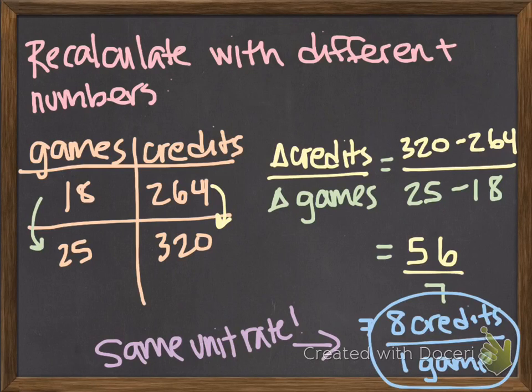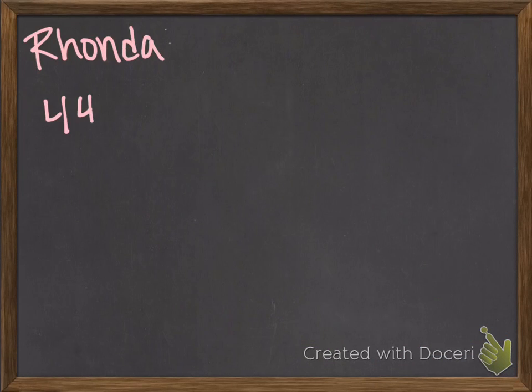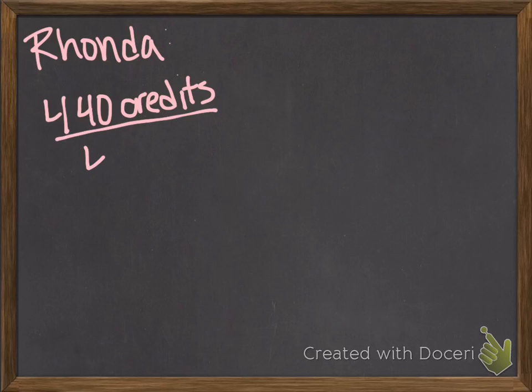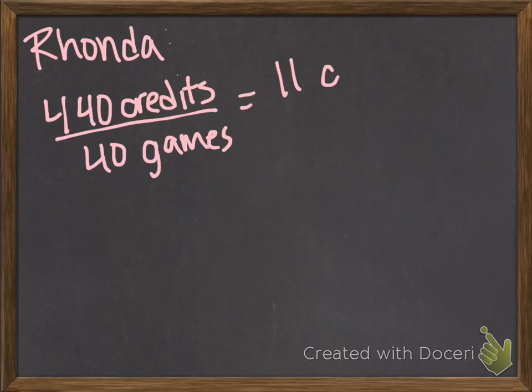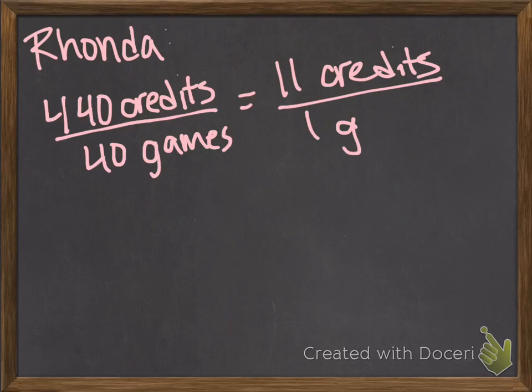Alright, number 5 says analyze Rhonda's calculations shown and explain to Rhonda why her calculations are incorrect. So we know that this is incorrect. She has something along the lines of 444 credits divided by 40 games, and she thinks that that equals 11 credits per game.